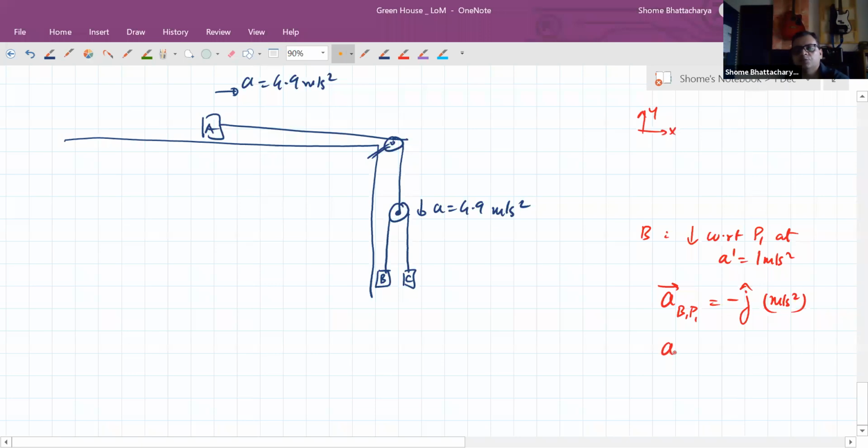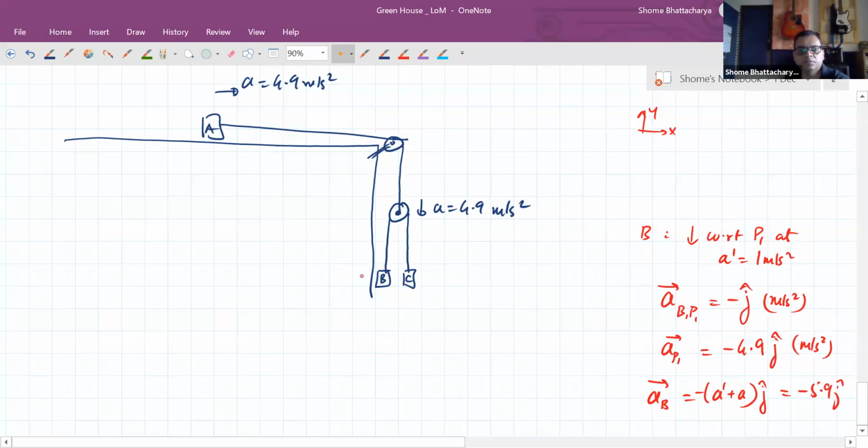And the acceleration of the pulley P1 itself is minus 4.9 j cap. So that means the acceleration of the block B in the ground frame will be A prime plus A in the downward direction, or it will be minus 5.9 j cap.